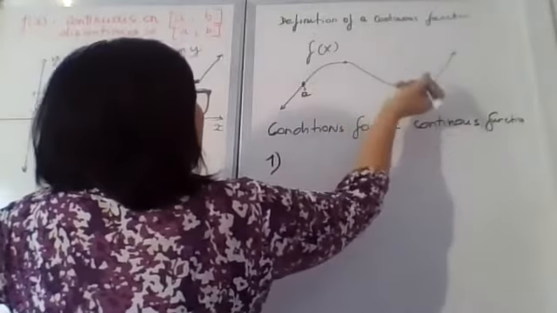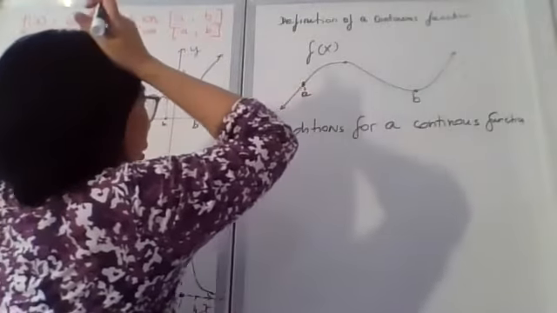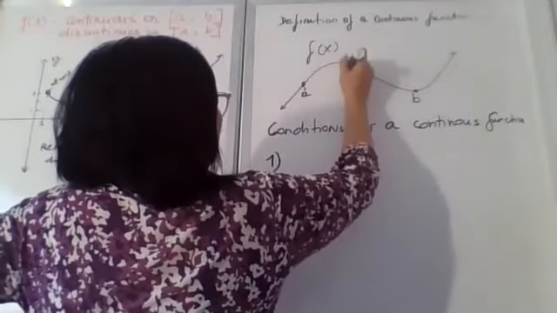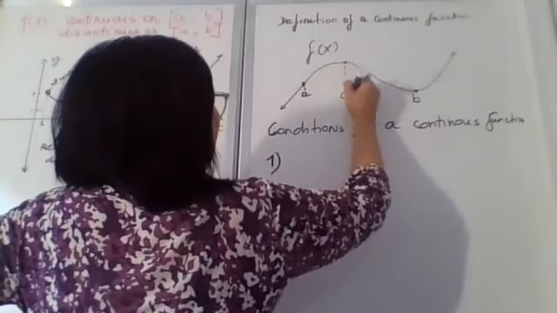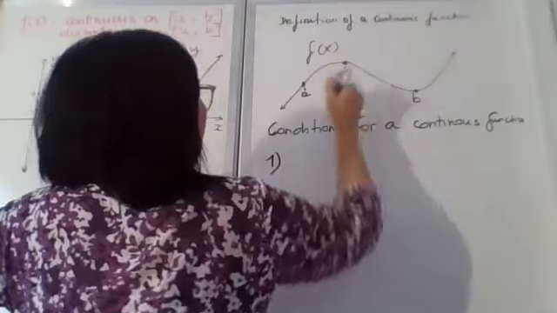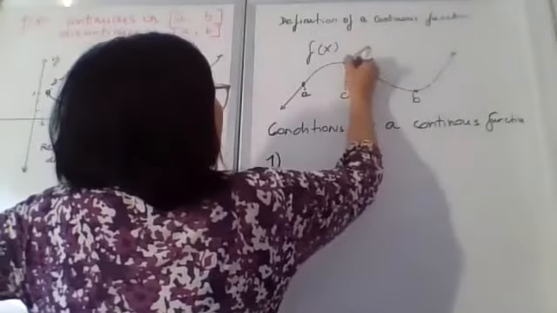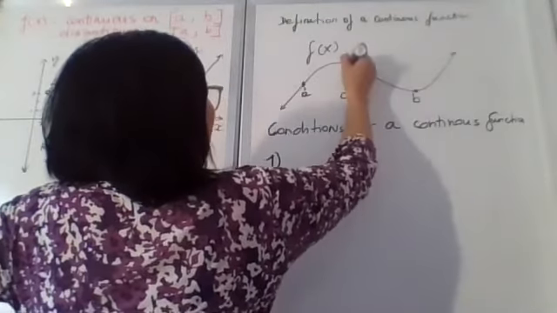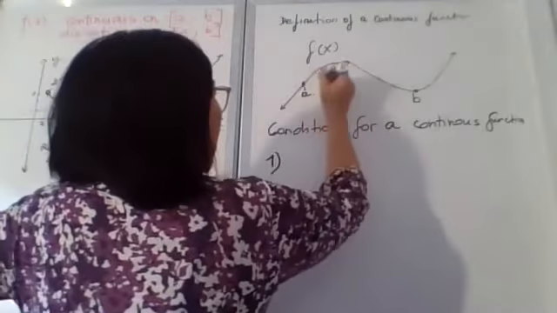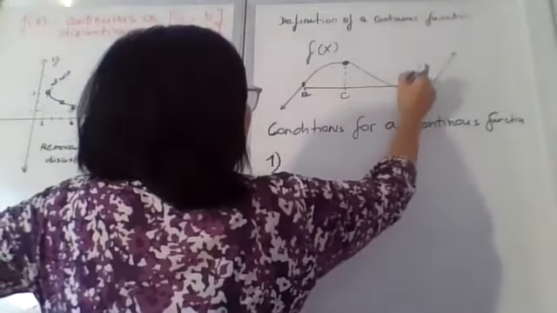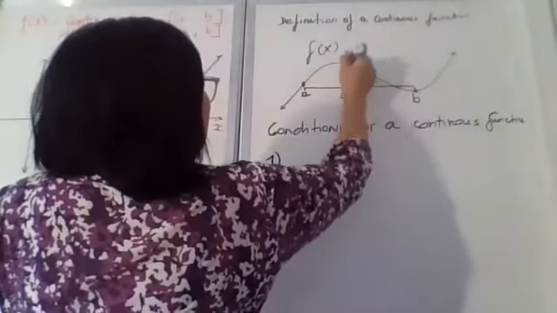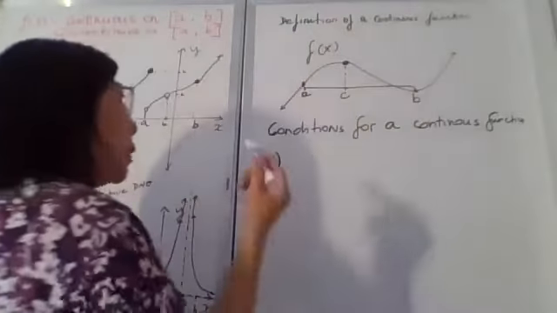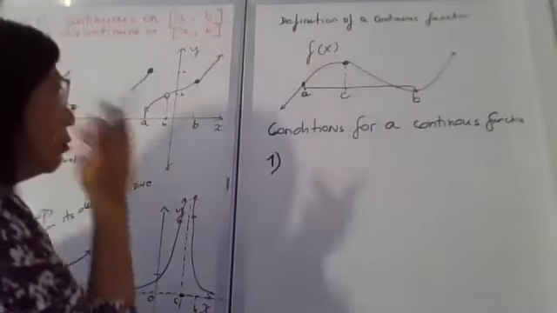First of all, let's say this is the C value, in the middle of it. I want to prove that this keeps continuous, and I just pick a point C between the interval A to B. I can draw the rest on here as well, but I'll just leave it like that for now.